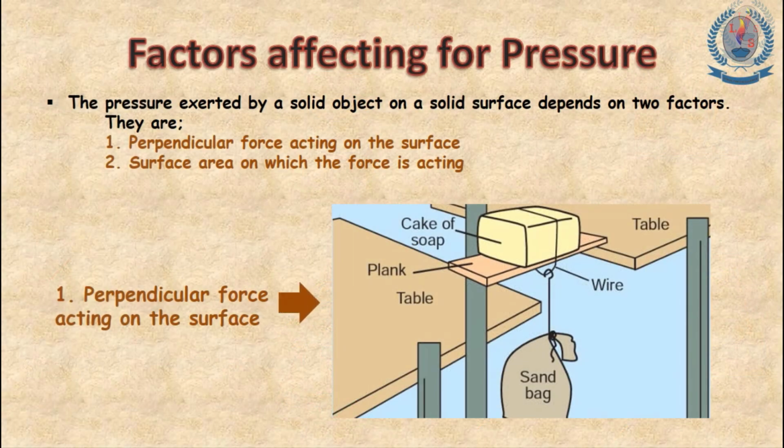Now we are going to learn about the factors affecting pressure. Now Pute, you know there are 2 factors which are affecting pressure. They are the perpendicular force acting on the surface and the surface area on which the force is acting. So in this experiment, we are going to learn about how the perpendicular force affects the pressure.